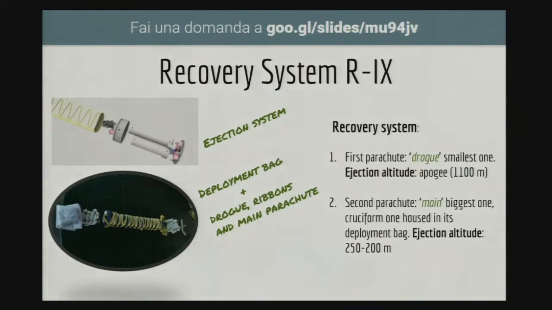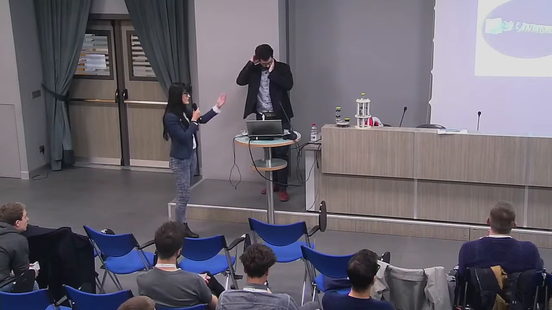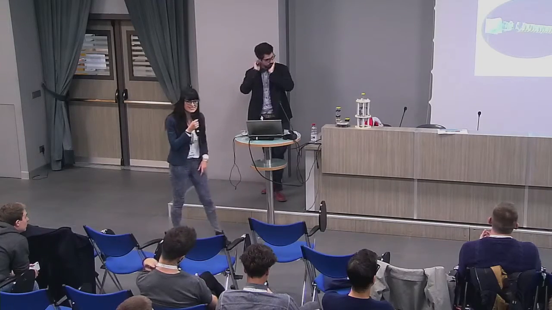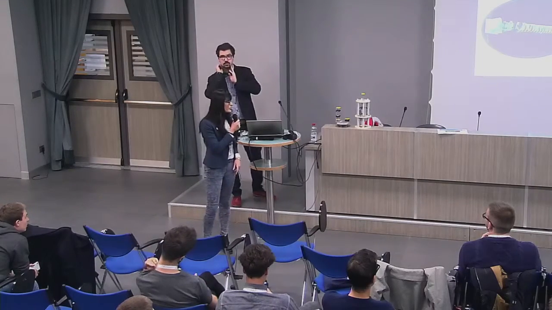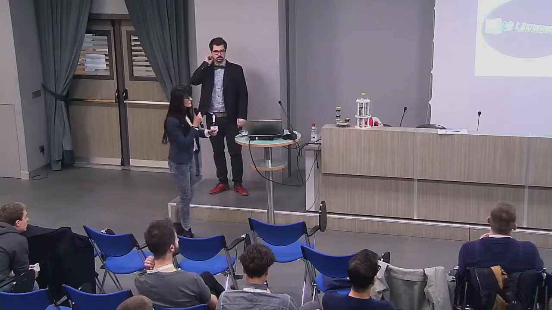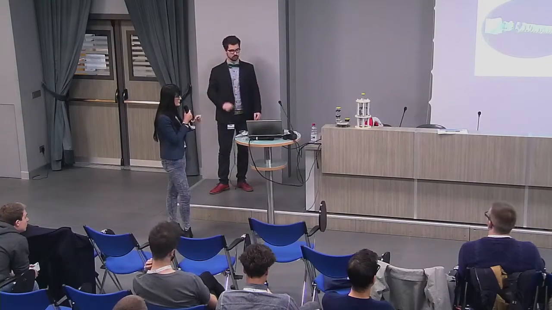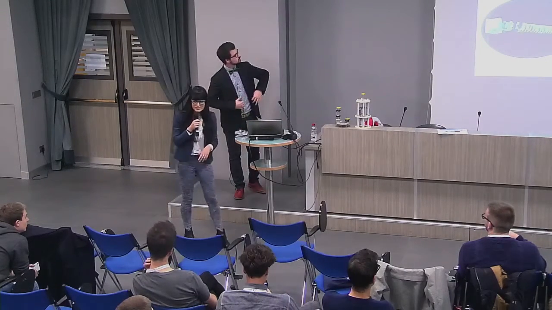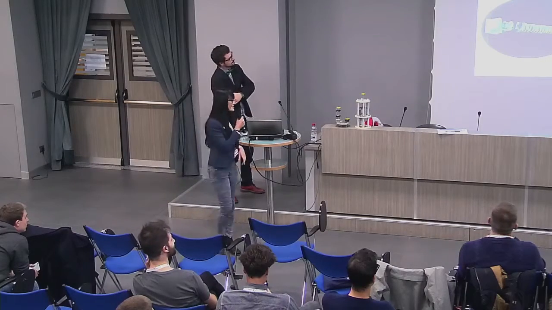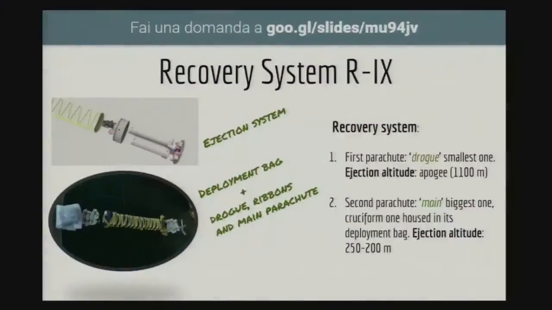And after that, what are the strange things? It is a deployment bag, and inside, the things in yellow are not spaghetti, but are some special lines, so chords, the same chord made for the main parachute, which is inside that bag.